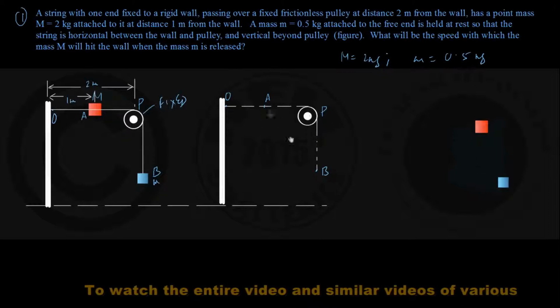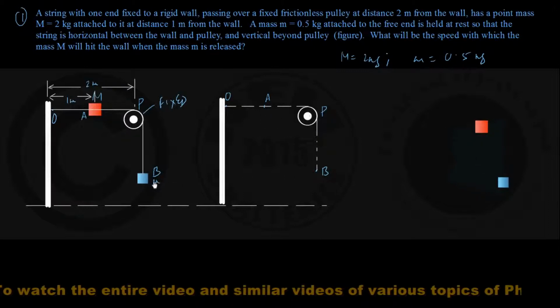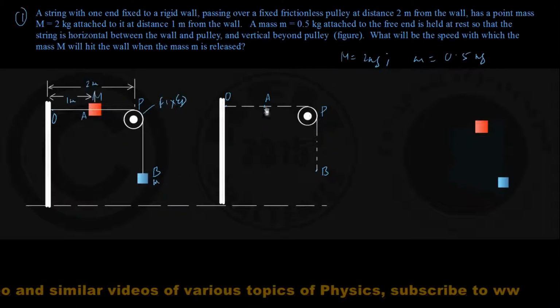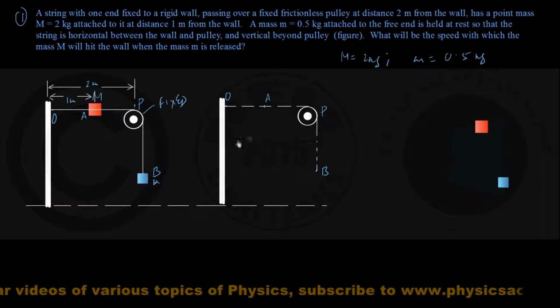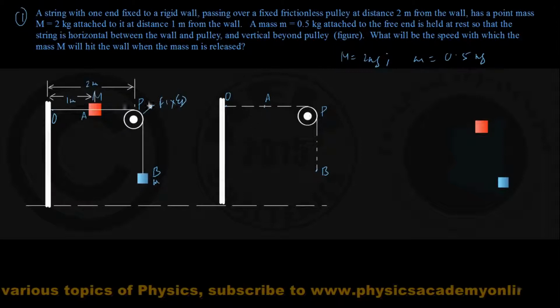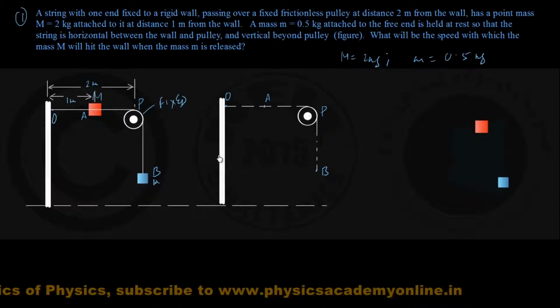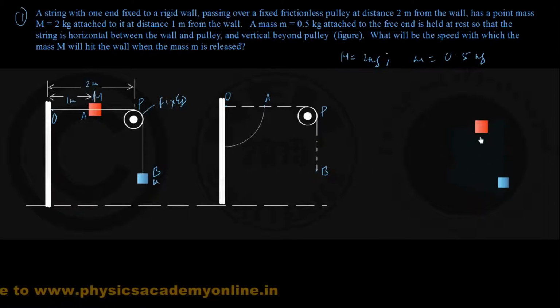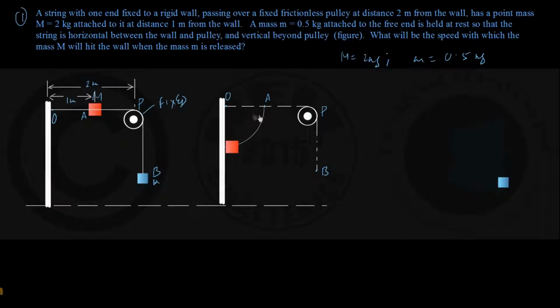I have already said after this block small m is released, the larger mass is falling in a circle in a vertical plane of radius equal to 1 meter and hitting the wall at a point. Therefore, this red block is moving in this circular path in a vertical plane, and eventually hitting the wall at this position that I am calling position A dash, say.